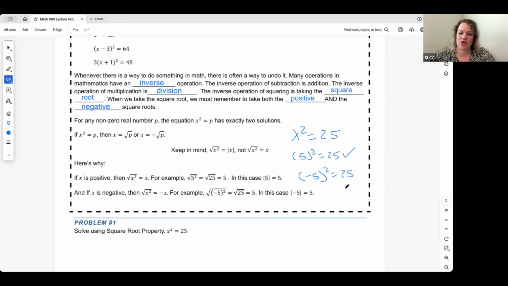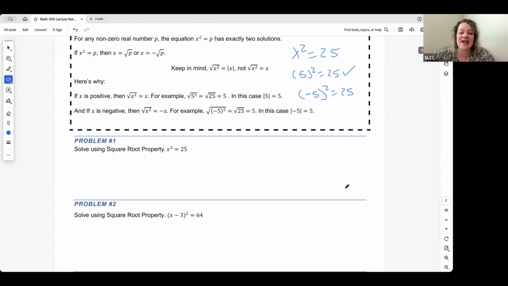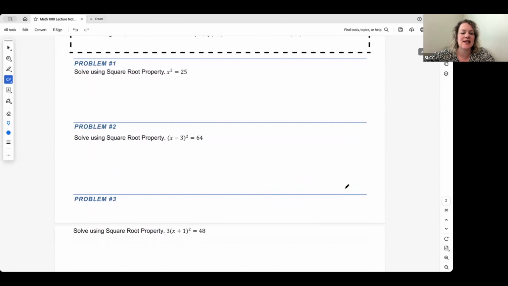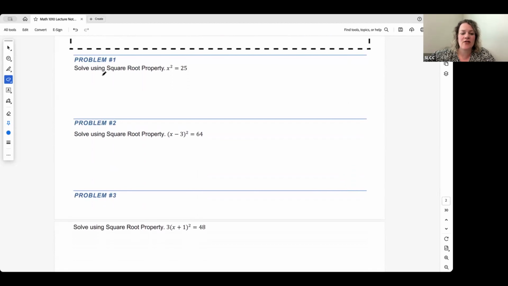All right. So how do I use this property to undo when I'm solving? Let's look at number 1. Solve using the square root property. Well, I think, how do I get x alone? Remember, anytime a question asks you to solve, your main point is to isolate the variable. Tell me what x values will make this statement true.